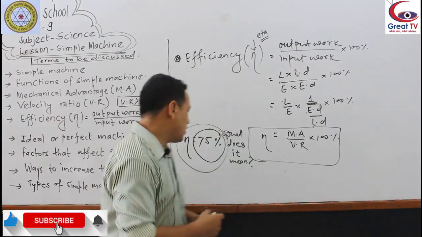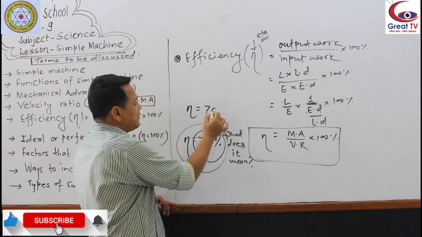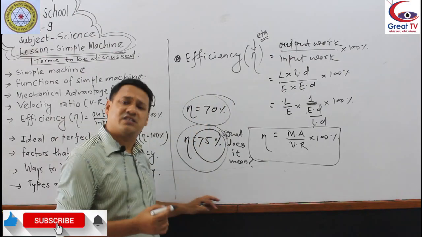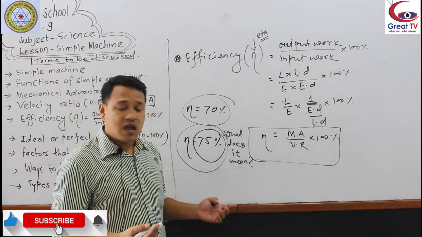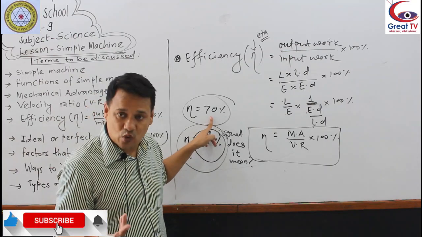This is the meaning. Similarly, let's say a machine has 70% efficiency. What does it mean? It means 70% of the applied effort is converted into output work.